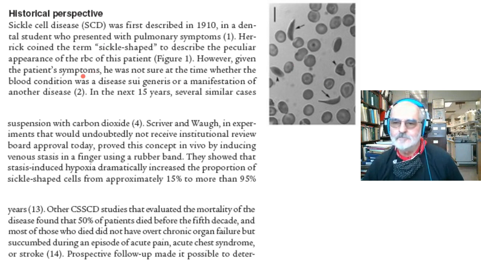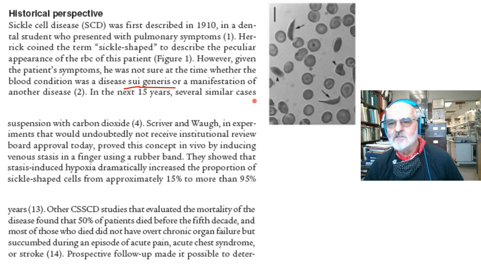And so this is the first observation of the general features of pain crisis, etc. At the time, it was not clear if this was sui generis, which means a spontaneous mutation in this individual, or whether it was actually inherited. We now know it was inherited.